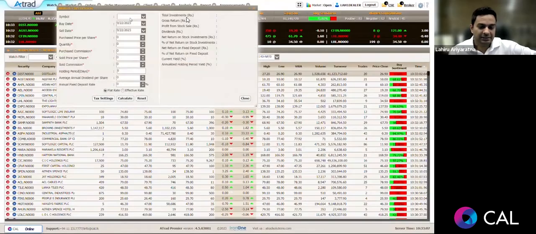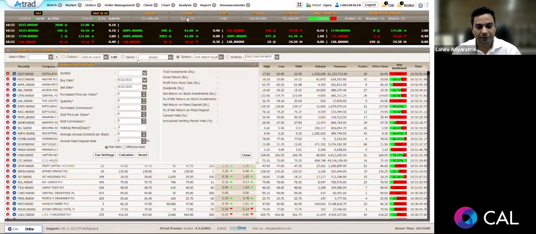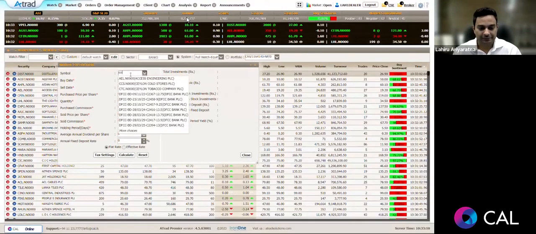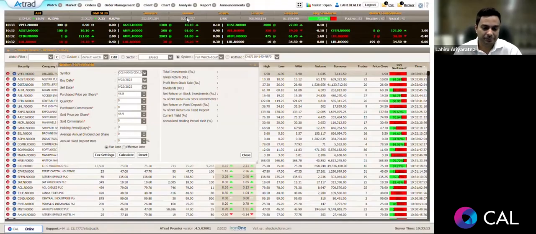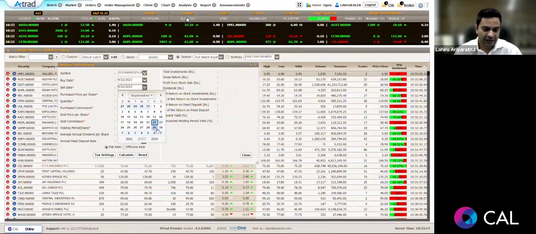This is basically a pseudo trade. This is not an actual trade, but this what-if feature will help you to determine an expected return that you want to make on a stock before you buy it. So I'm sticking back to my Ceylon Cold Stores.